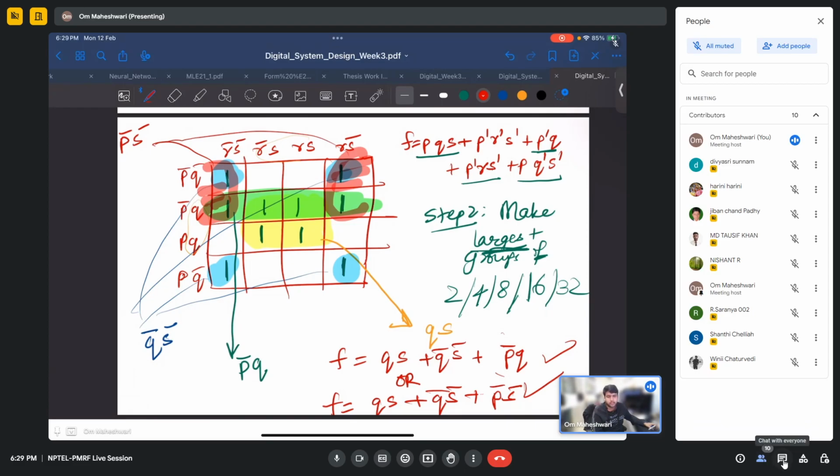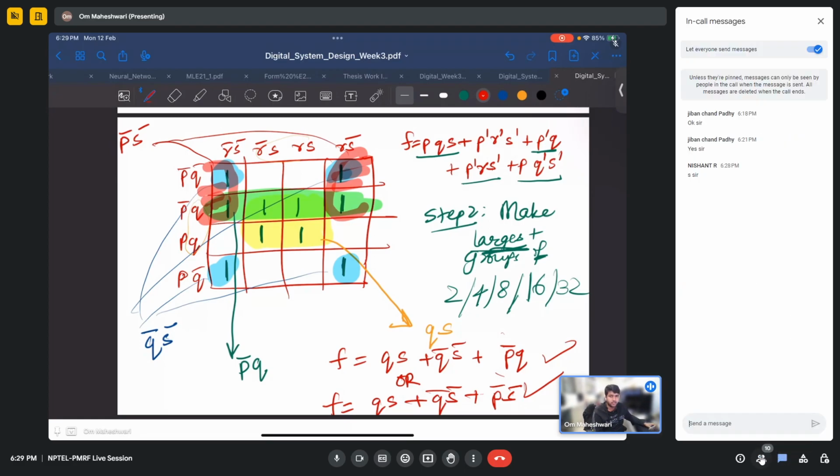This is very important, and K-map is the most important thing to solve the whole assignment. If there is any doubt anywhere, let me know. So instead of this one, we'll just have this.